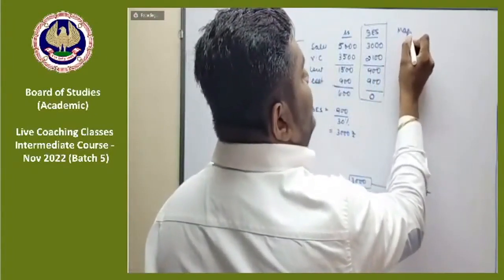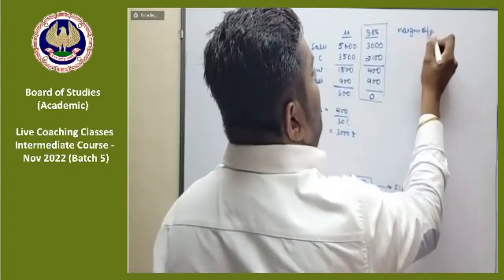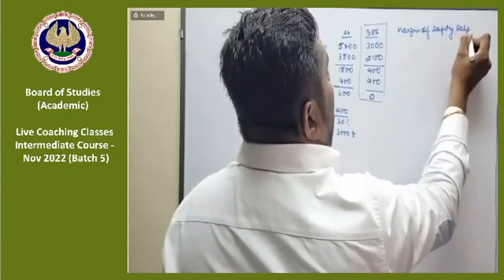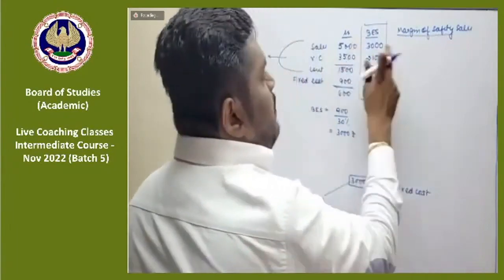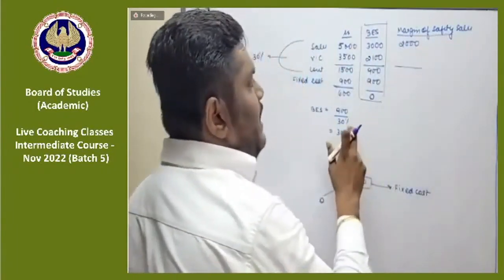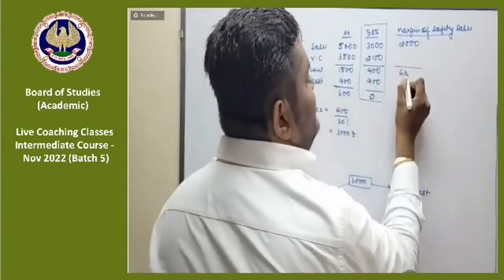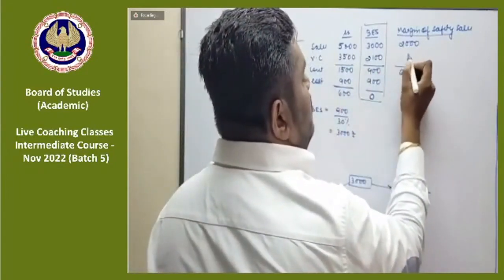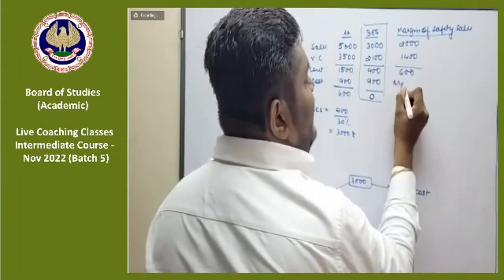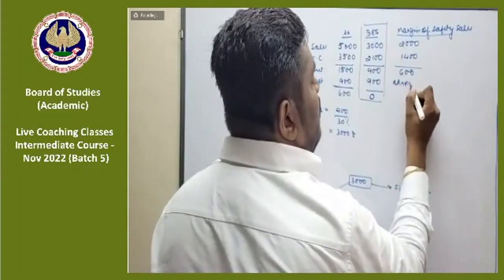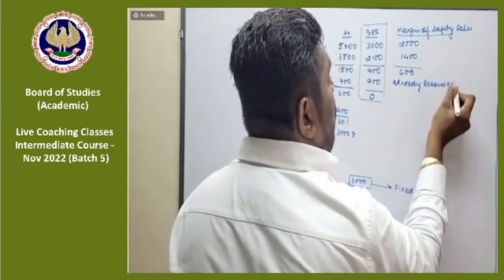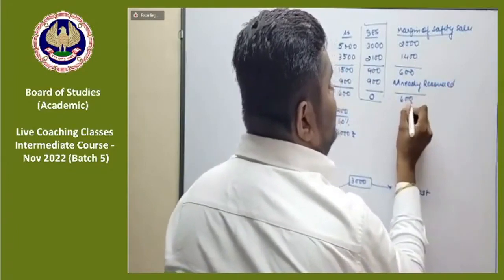Extra sales, we call it margin of safety sales. How much extra sales are we making? 2,000. How much contribution are we getting? 30%, that is 600. So fixed cost is already recovered, so my profit will be 600 rupees.